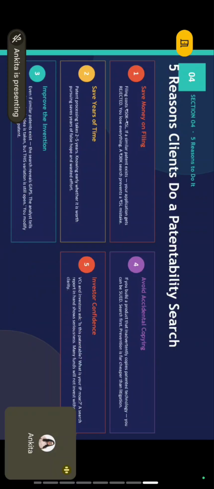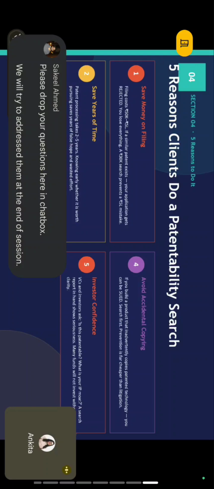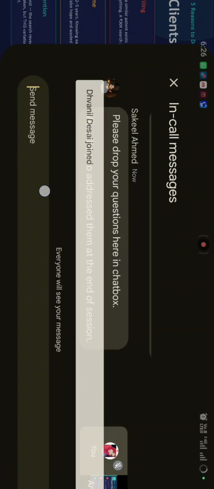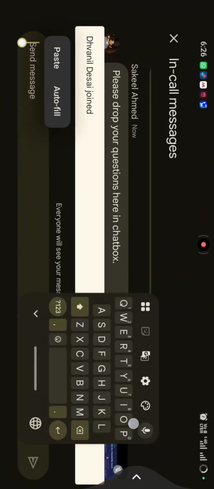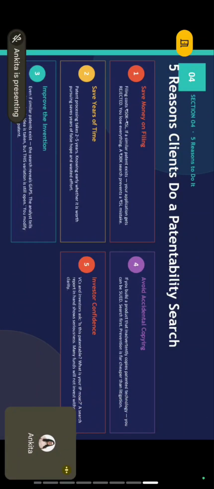Now, 5 reasons why clients do a patentability search. Smart companies always do this search first. Why? The first thing is to save money. Filing cost is too much. Second, save years of time, because patent processing takes 2 to 5 years, and knowing early whether it is worth pursuing saves years of false hope and wasted effort.